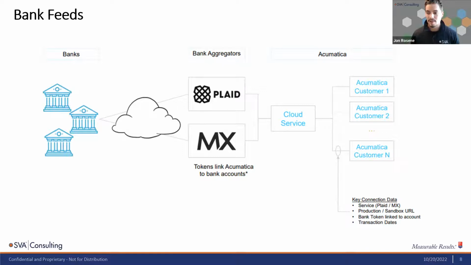Now we've seen a lot on the bank feed side. We have worked with a number of clients to install a customization package to support bank feed integration. For people that aren't aware, in Acumatica we're able to import bank transactions. Historically, that was done through a bank file, specifically a QFX or an OFX file, that we would manually load to import those transactions, perform our reconciliation, or set up transaction rules to create transactions in Acumatica.